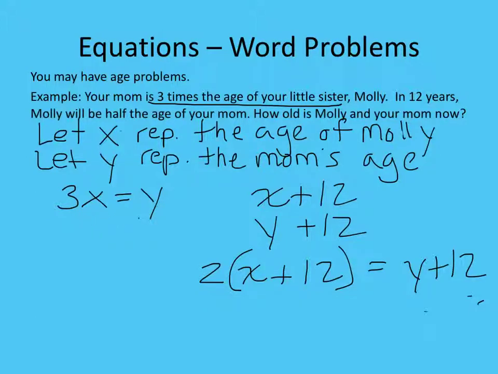What I am going to do is substitute into this. It doesn't really matter which one you pick. I think I am going to pick x's. Actually, I want to keep it without division, so I'm going to substitute in for the y. So y is 3x's. So I have 2x plus 12 equals 3x plus 12.